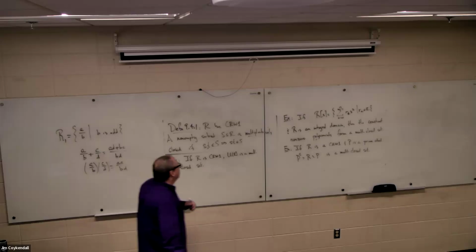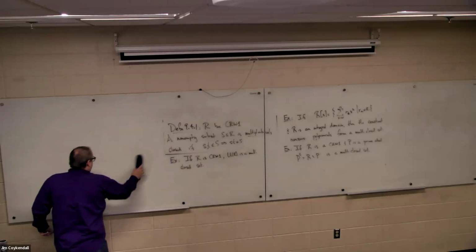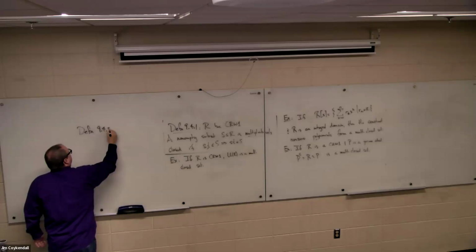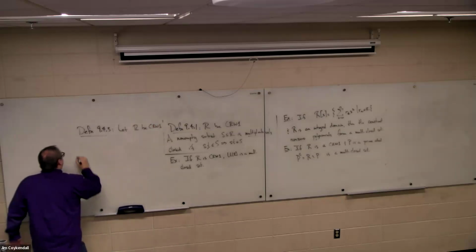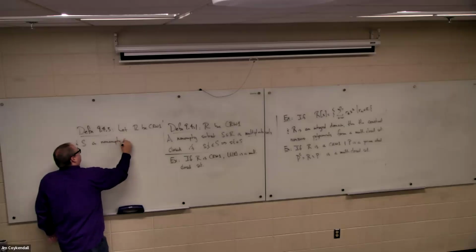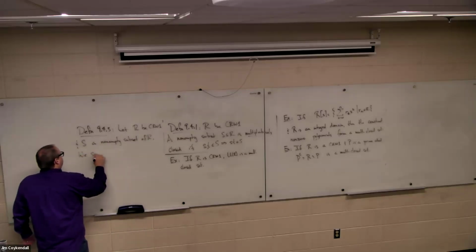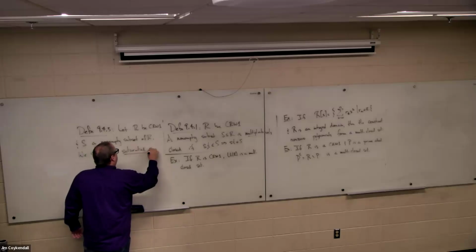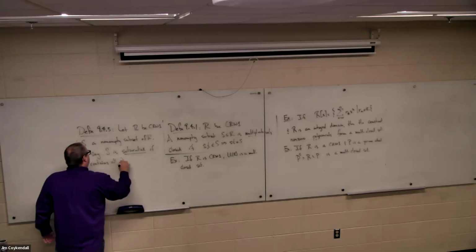Definition. Let R be a commutative ring and S a non-empty subset of R. We say S is saturated if it contains all its divisors.